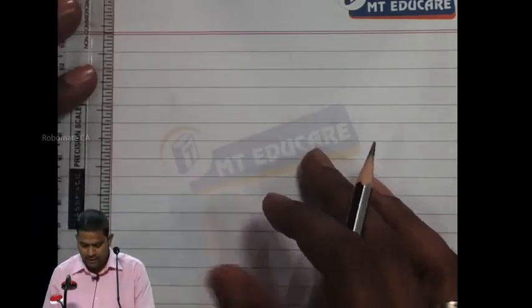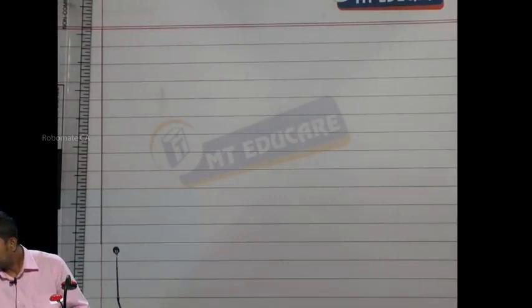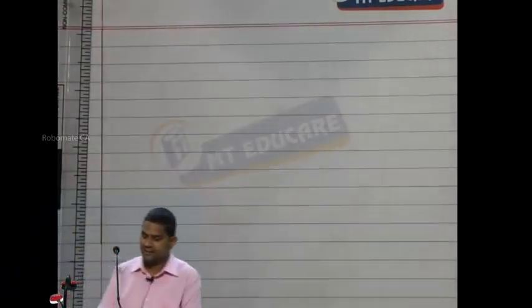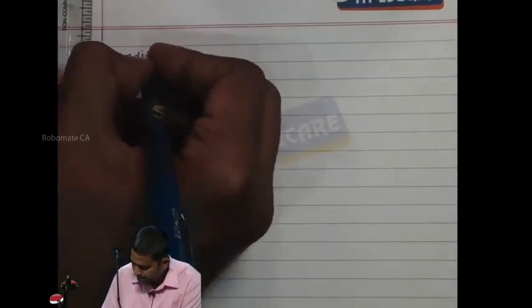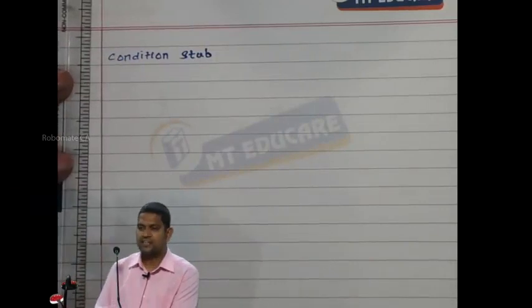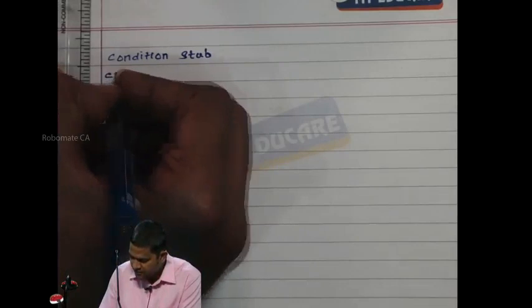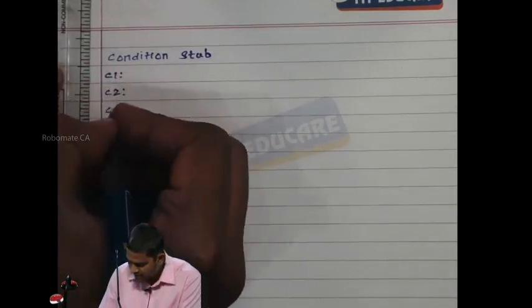In a decision table, I require a rectangular box. The first part is the condition stub. How many conditions are there? Three conditions. Let's say C1, C2, C3.